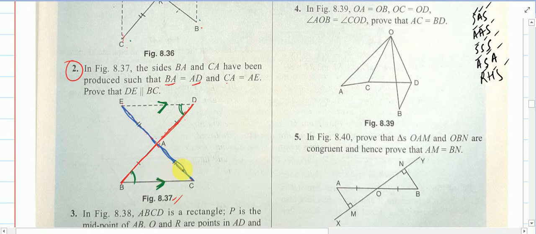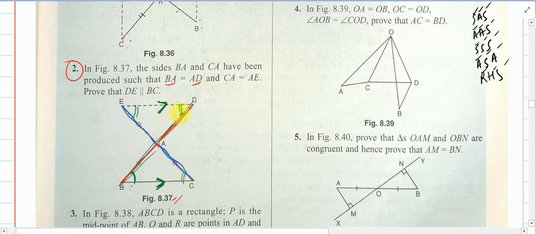Once you have shown this, BD will be a transversal, and hence ED and BC will be parallel to each other.